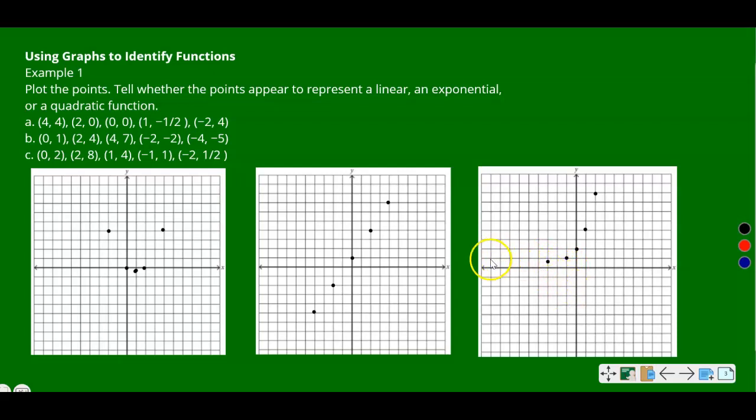So this looks like an exponential growth function. If we want to label these, we could say the first one, A part, would be quadratic. The second one looks like a line, so it's going to be linear. And the last one looks like exponential growth.